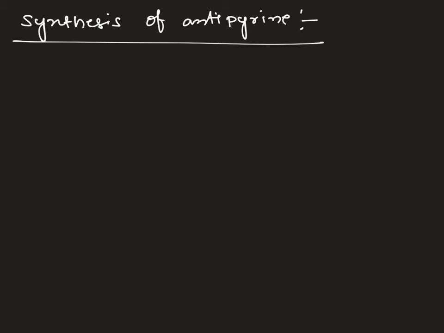Ethyl acetoacetate reacts with phenyl hydrazine and initially forms a hydrazone. Its stability is low, so it will undergo cyclization, and after cyclization, if we do a methylation reaction on nitrogen, we get antipyrine.